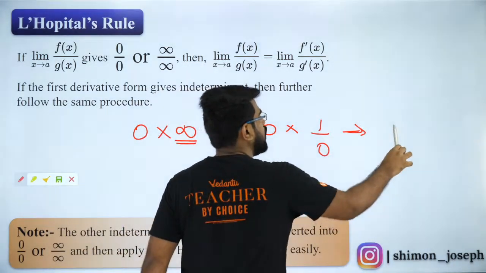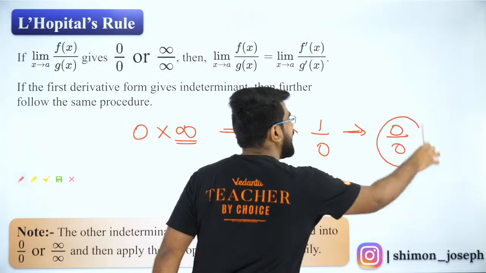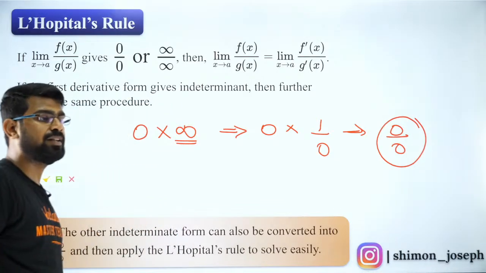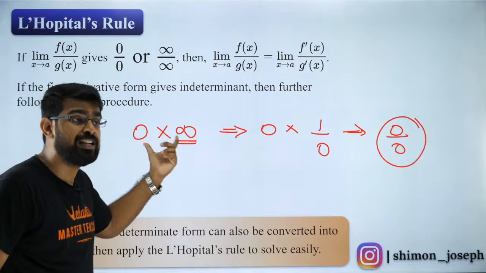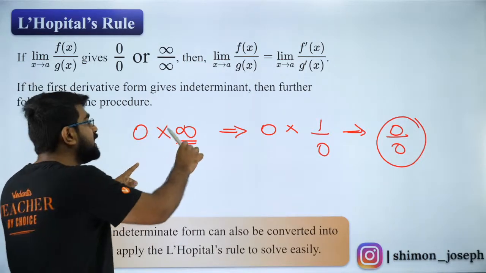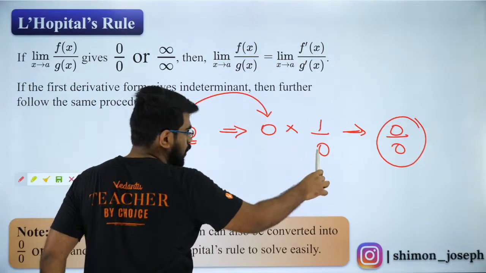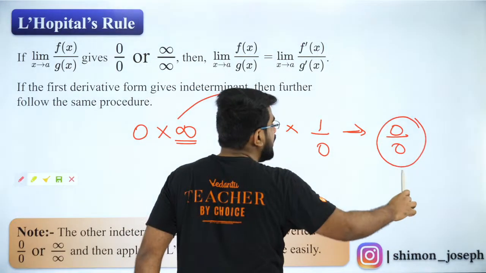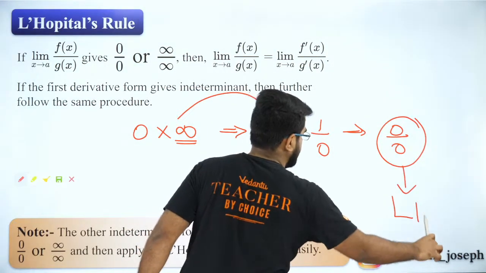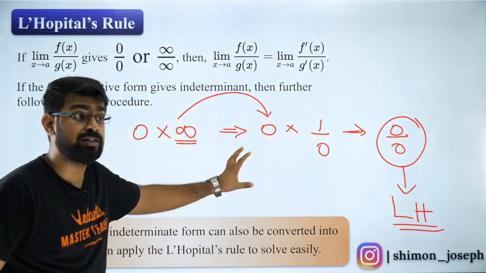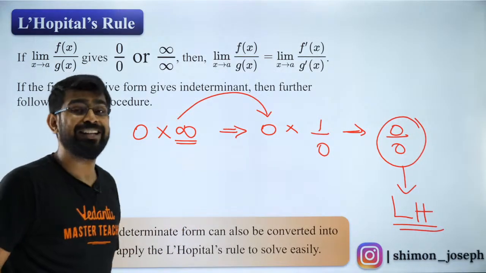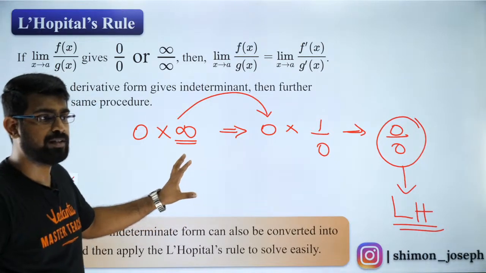Then it becomes 0 by 0 and I can apply L'Hopital. So the 0 into infinity form is also indeterminate, but I can convert it as 0 into 1 by 0, which will be 0 by 0, and now I can apply the L'Hopital method. Clear? That is a very powerful method, guys. I will teach you by giving you an example.